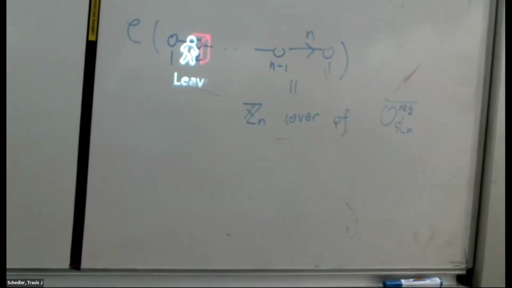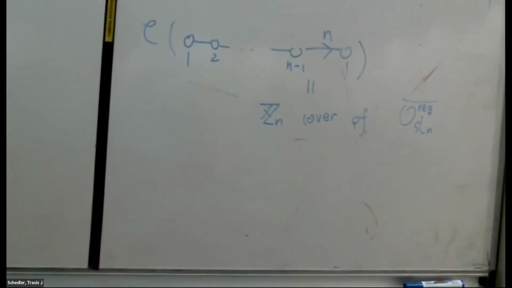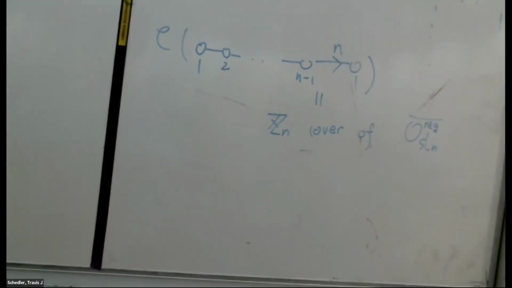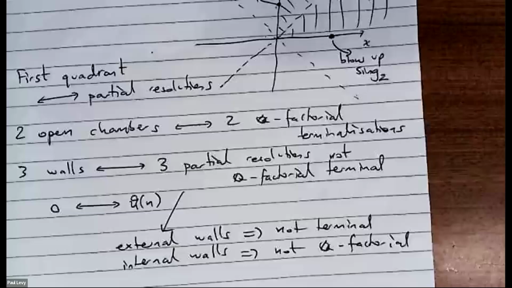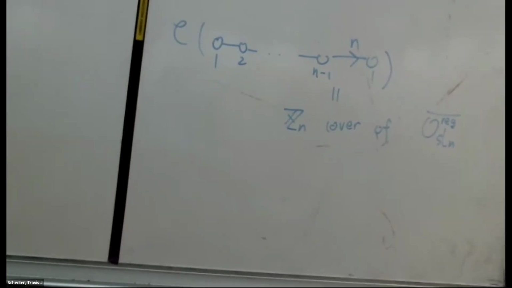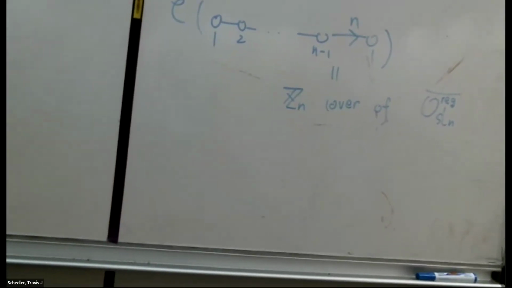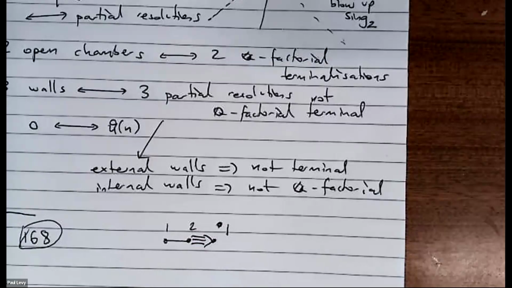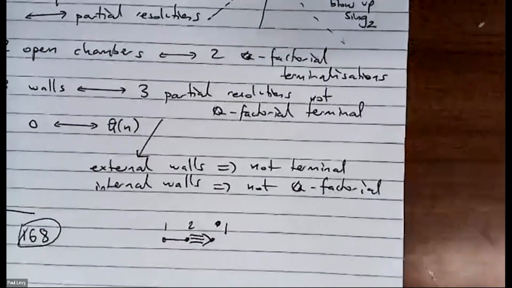I see. Because that's the correct one for G2. You're saying if we have just, for n equal to 3, you have 1, 2, 1 with a 3. The thing I've written here, that's what about n equal to 4?